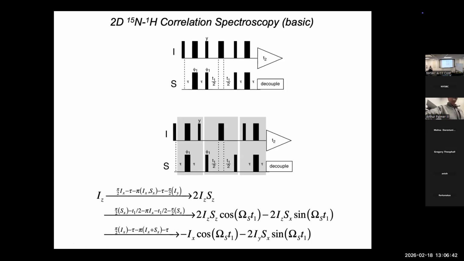I don't remember the problem set. Anybody online? Yes, I'm here. So what do you think? In the first gray block, if I apply 180-degree pulses on both I and S, what happens to the scalar coupling?